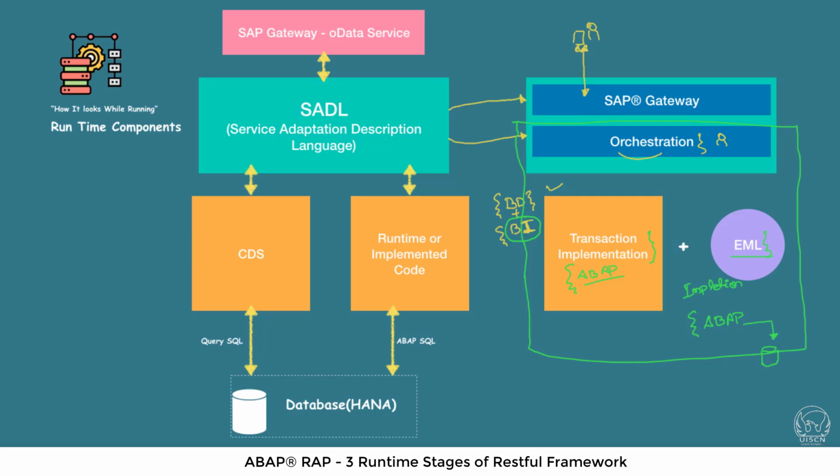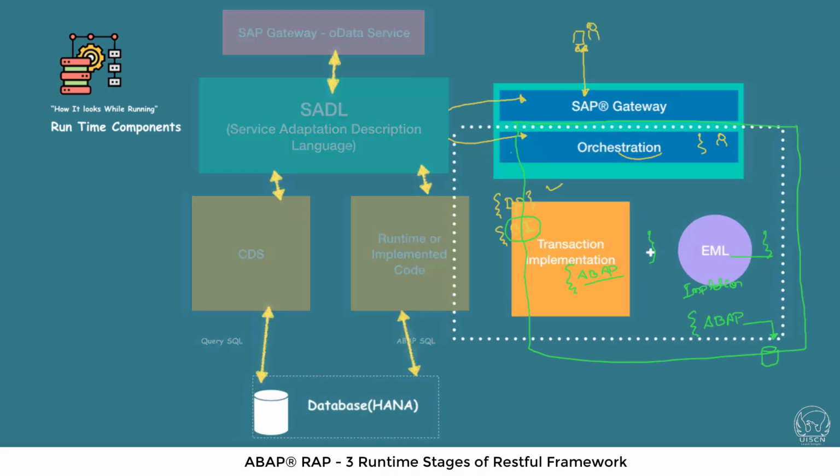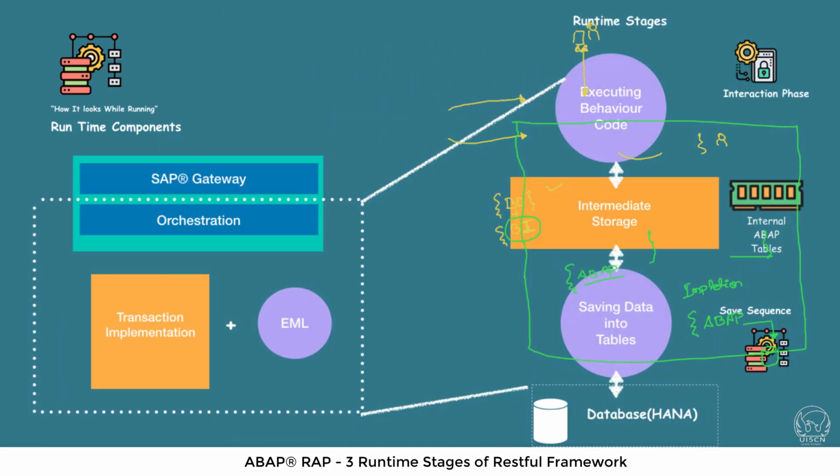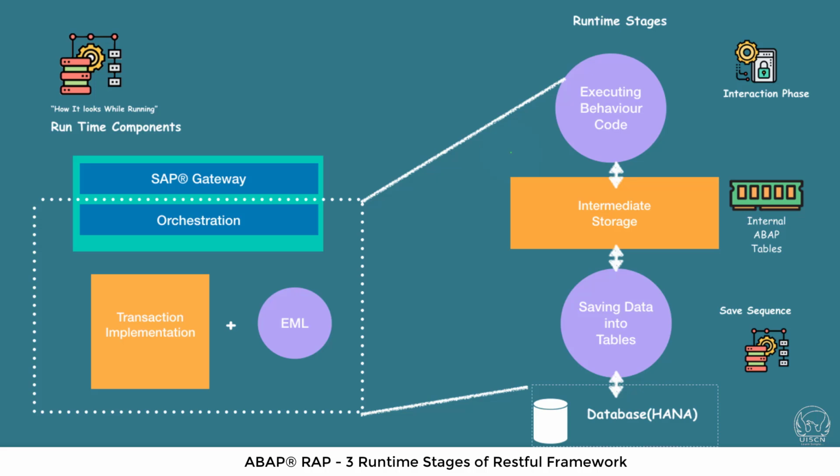Now let's club all this together. This central component is our interest now, because we are going to discuss one of the most important things: the runtime stages. When we talk about runtime stages, we are referring to certain steps, which describe how your application internally flows.